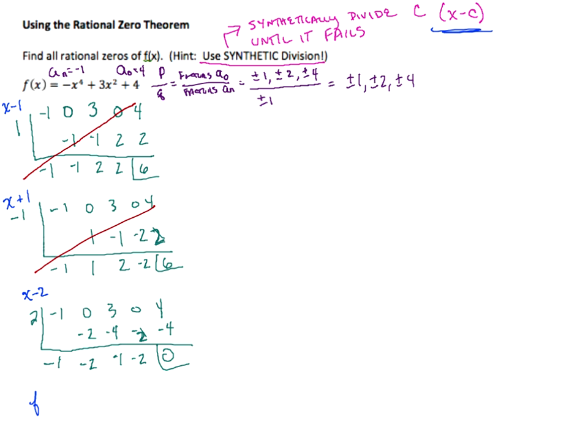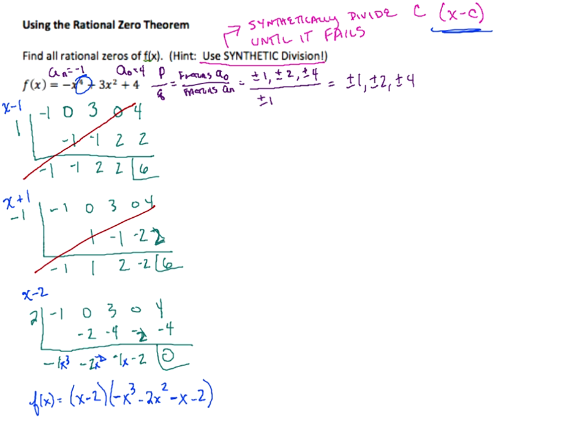So here's what I found out. My polynomial f of x, I now know is equal to x minus 2 times, well, we started out with a 4th degree polynomial. We took it down by a factor of 1, and so this is now a cubic: negative x cubed minus 2x squared minus x minus 2.